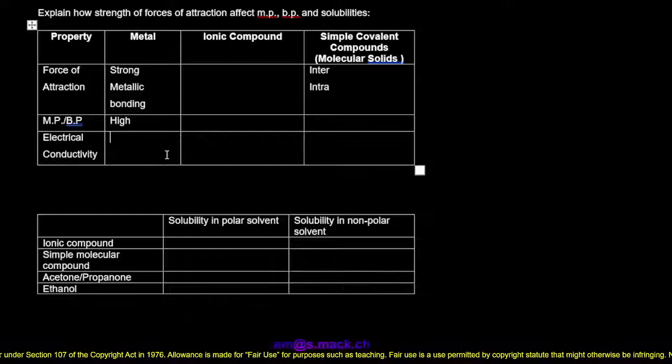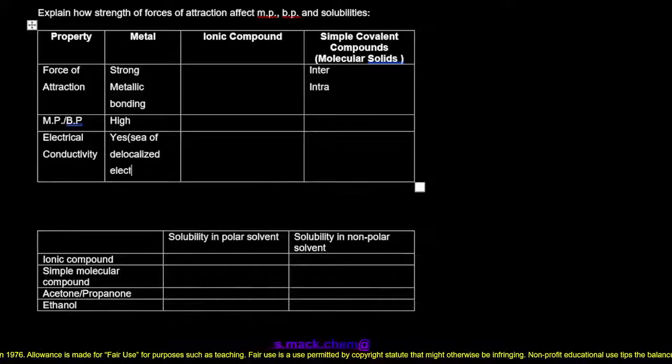Can a metal conduct an electric current? Yes. Due to the presence of the sea of delocalized electrons, these electrons can carry an electric current. Next up, we have an ionic compound, which is considered to contain strong ionic forces of attraction.